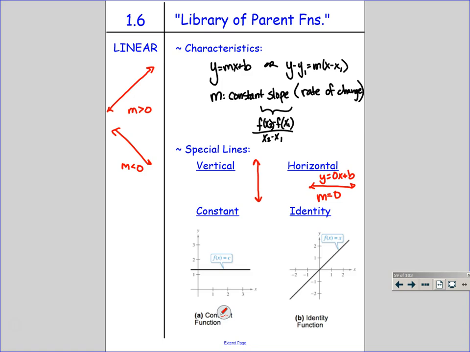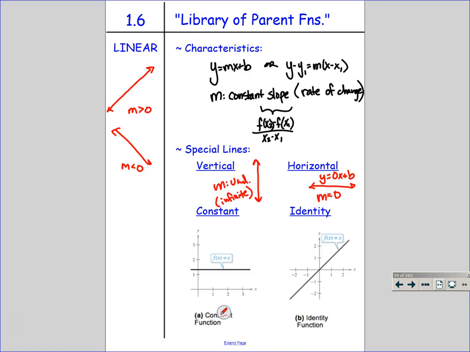Vertical is undefined, right? x equals a constant is technically an infinite slope. We talked about that back in the day. It gets steeper and steeper and steeper, forever approaching infinity.